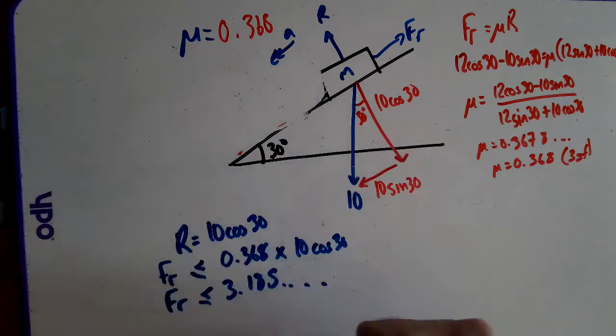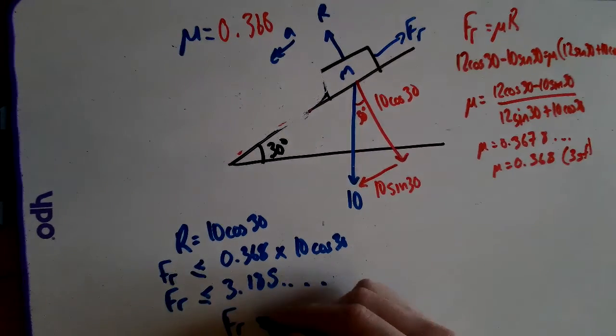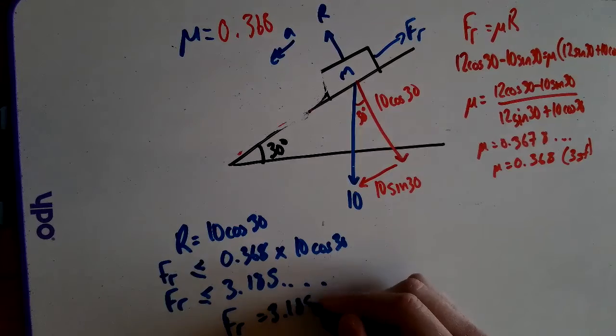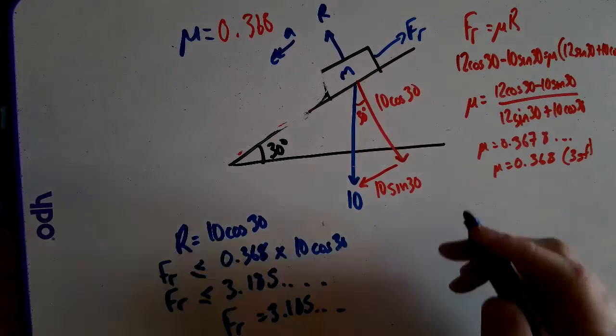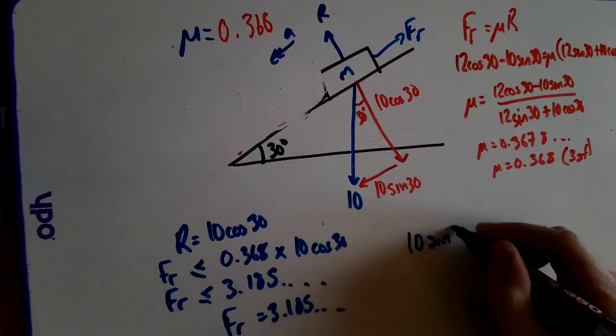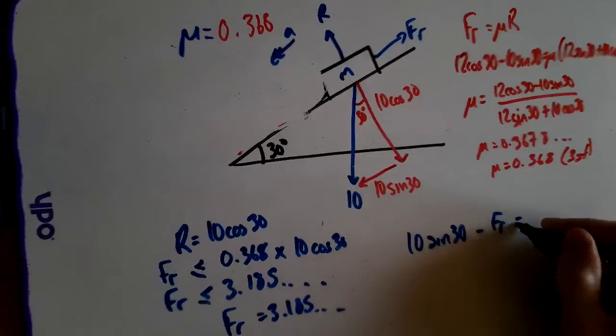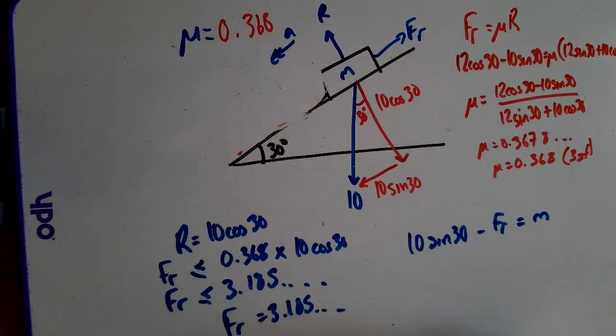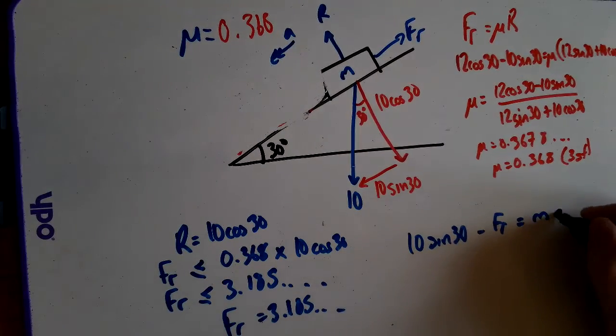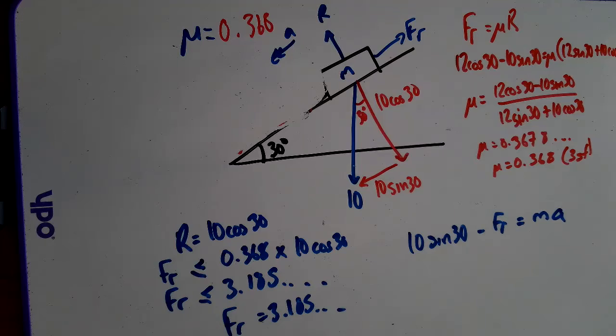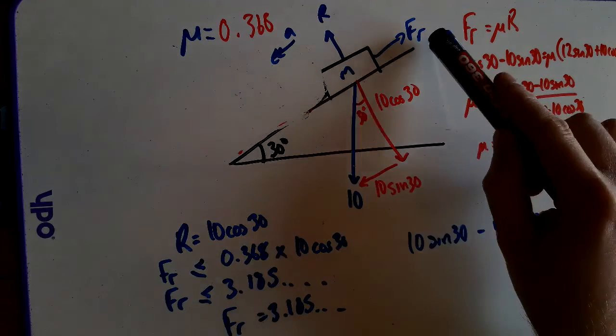So acceleration bigger than 0. And I guess if you wanted to work out the acceleration, you would do 10 sine 30, take away friction, equals the mass, which you have to work out by doing 10 divided by g, and then rearrange it to get there. Although the question just asked, will it move? And it will move because the maximum friction is 3.185, and that's less than 5.